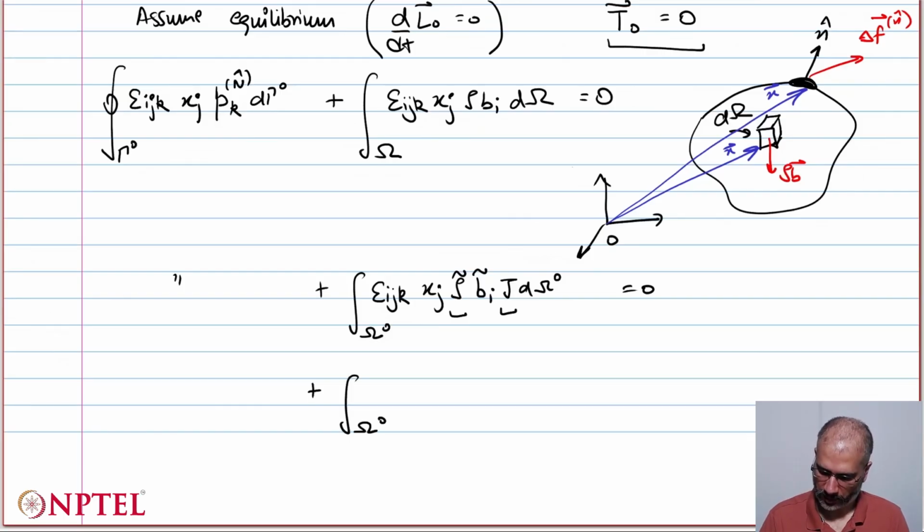So this becomes the integral over omega naught of epsilon ijk xj rho naught bk tilde d omega naught.